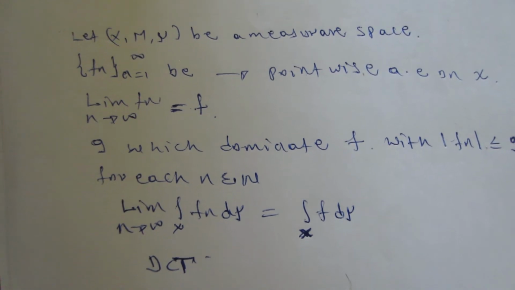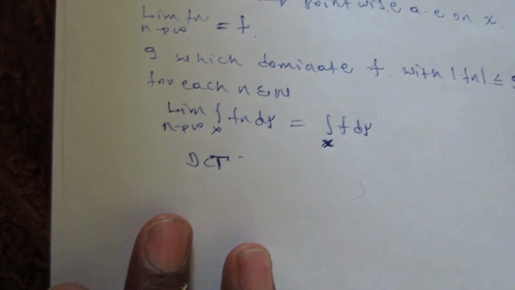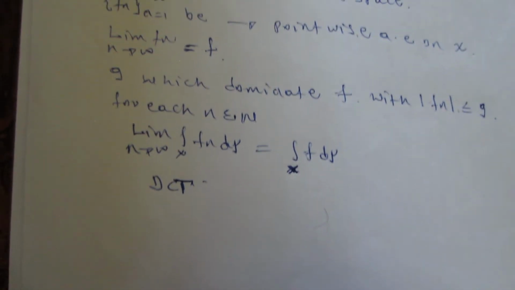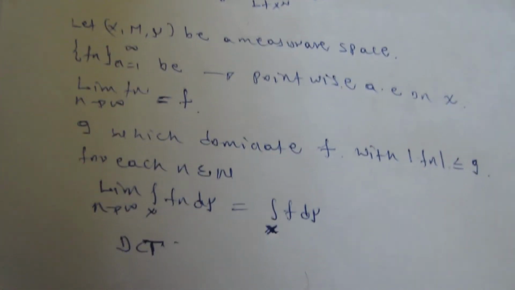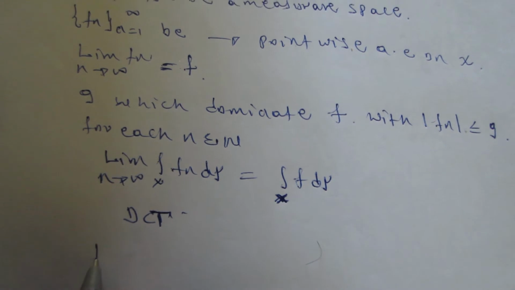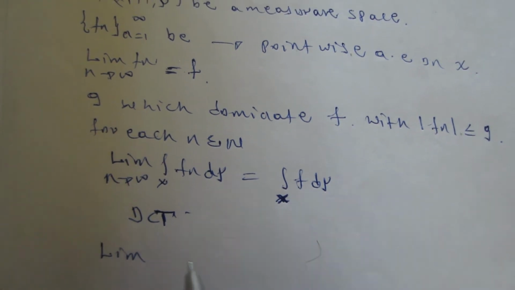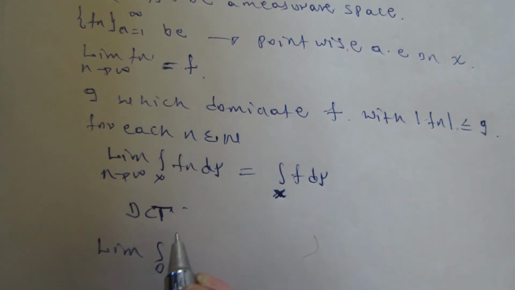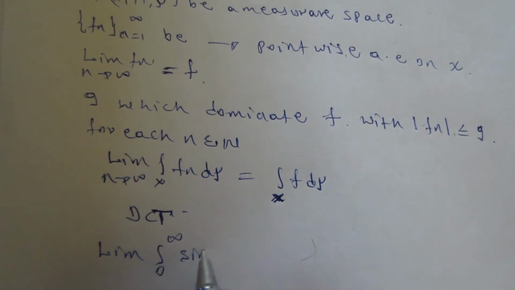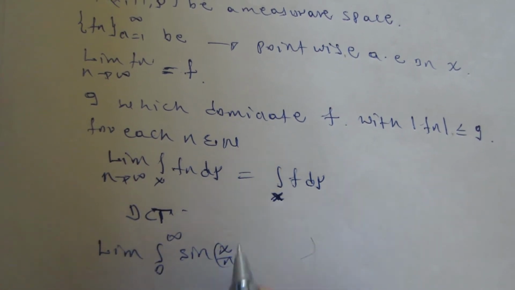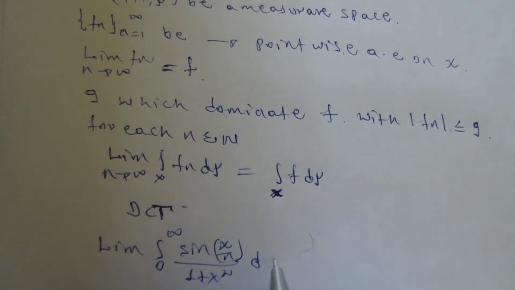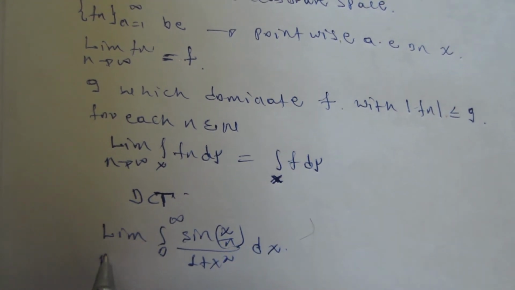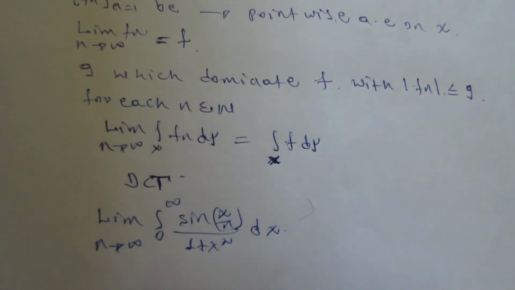So now let's see how we can solve this question by using the DCT, which is the limit of the integral from 0 up to infinity of sine(x/n) over 1 plus x squared dx as n tends to infinity.